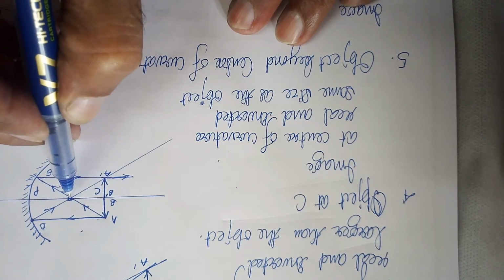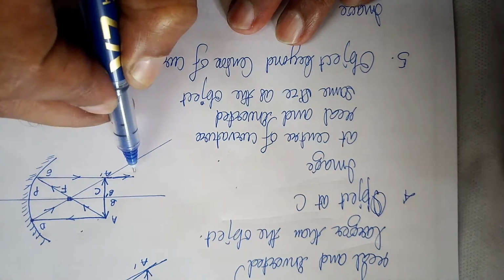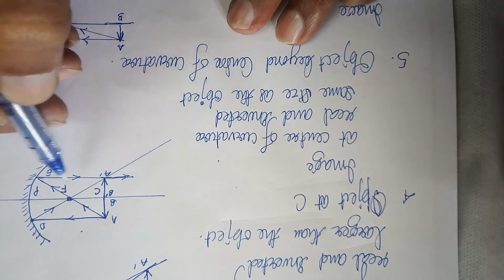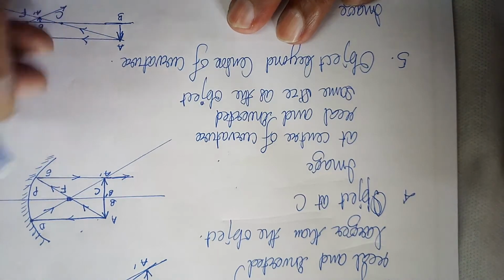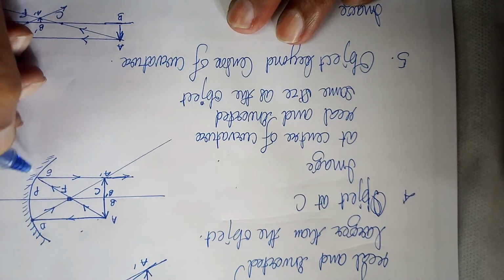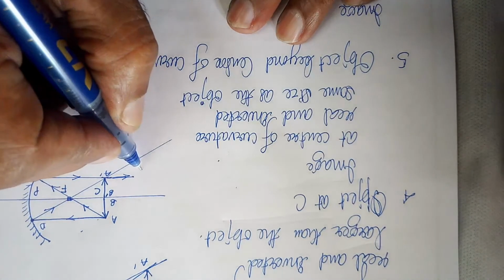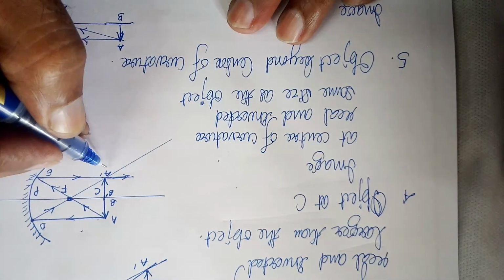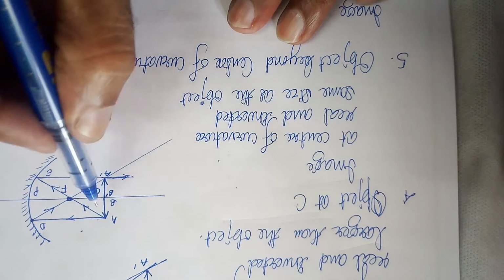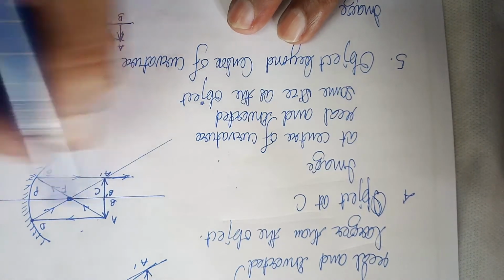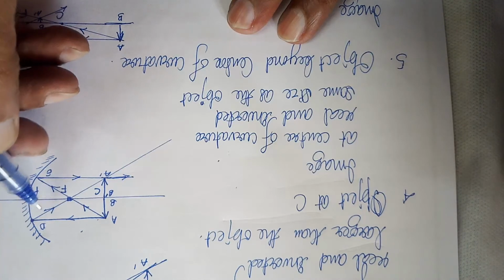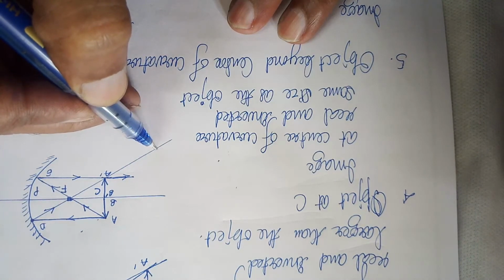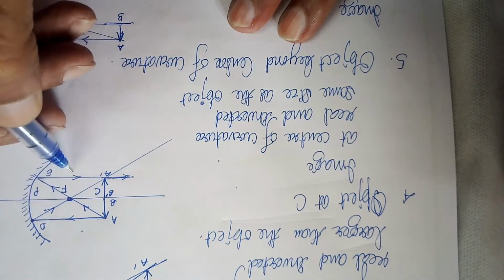And a ray of light which passes from A through the focus will retrace the path opposite to the earlier one, and it will hit at E and go parallel to the principal axis. And if a ray of light is passing parallel to the principal axis, it will go through the focus of this concave mirror.